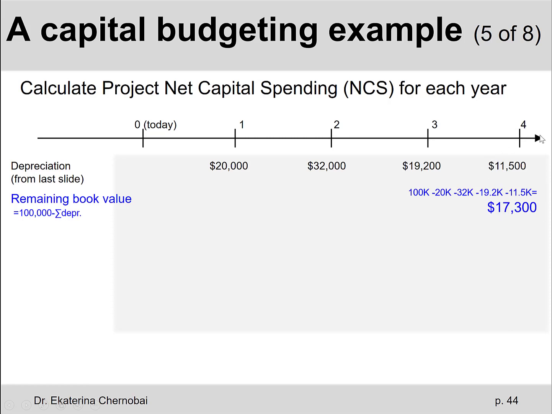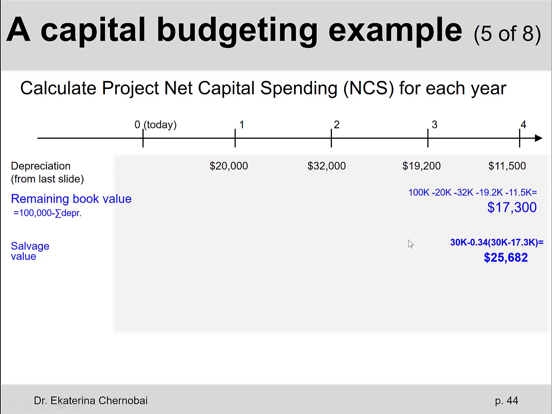Why do we need the remaining book value? Because at the end of the last year, we would be selling all equipment. It will be sold as used, right? And that will bring us extra money, right? The sales proceeds. Except even though we are selling the equipment for $30,000, which was given, this is not necessarily how much we'll get to put in our pocket.